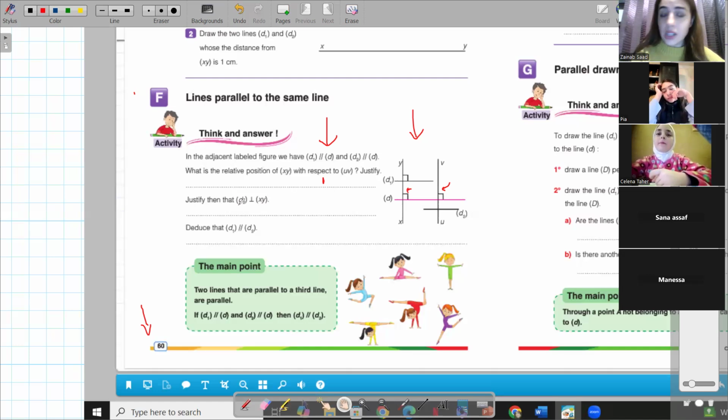Below, they said justify that D2 is perpendicular to XY, okay? They said that we have to justify it's perpendicular. What did we do? We justified first that it's perpendicular to UV, and then we justified that it's perpendicular to XY. How did we justify that D2 is perpendicular to UV?